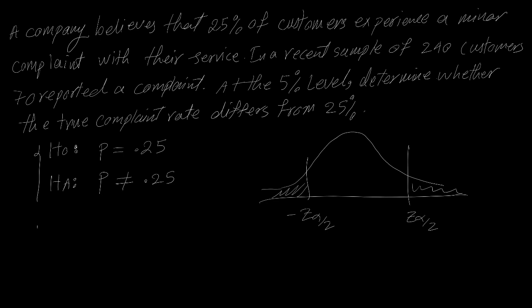So what is the p hat here? We know that among 240 there are 70 complaints. So 70 divided by 240 gives us p hat equals almost 0.29 if I keep two decimal places.